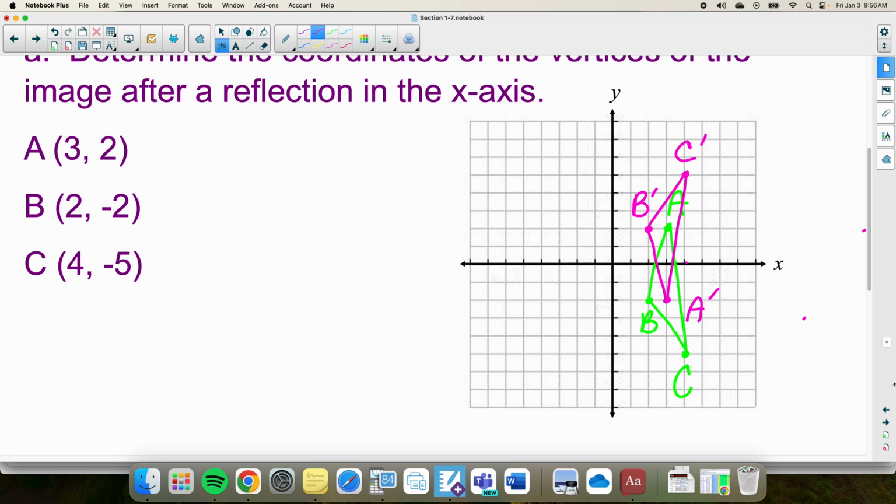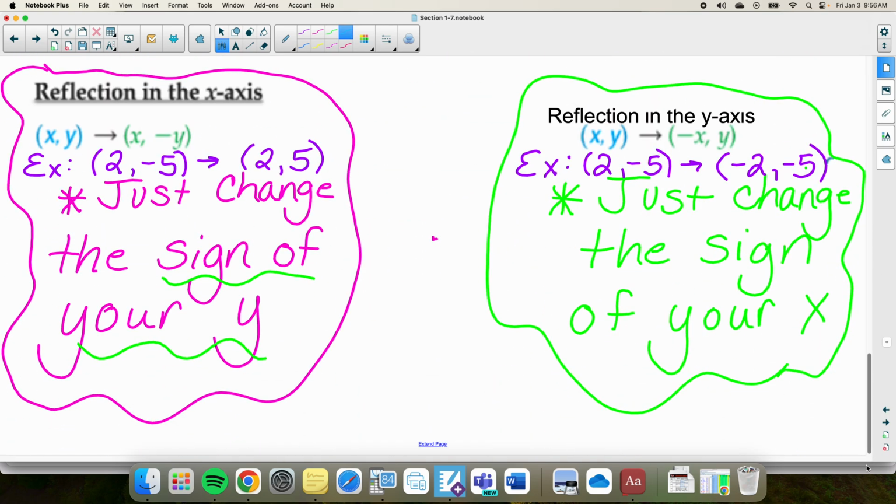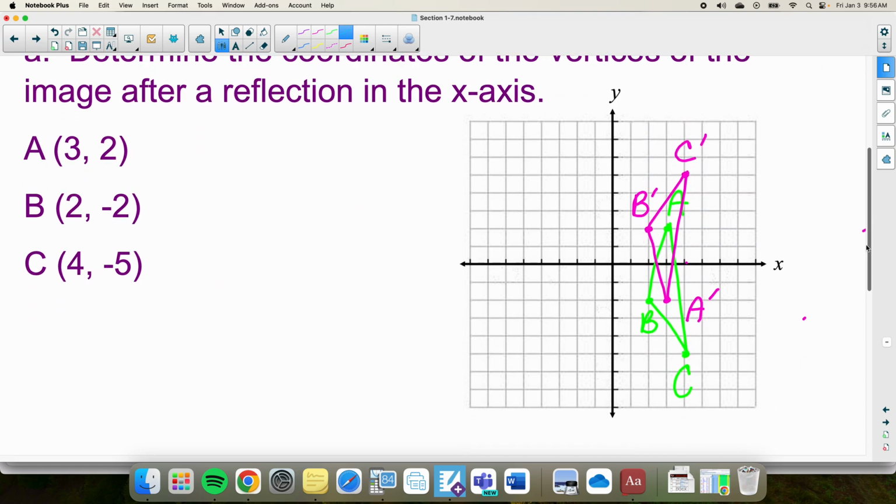Now, I do want to show you, if you would rather use that rule I just had you guys copy down. That said, when you're going over the x, just change the sign of your y. Okay? So let's say you'd rather do that. What you would have done instead is just come here and write the new coordinates of your A prime.